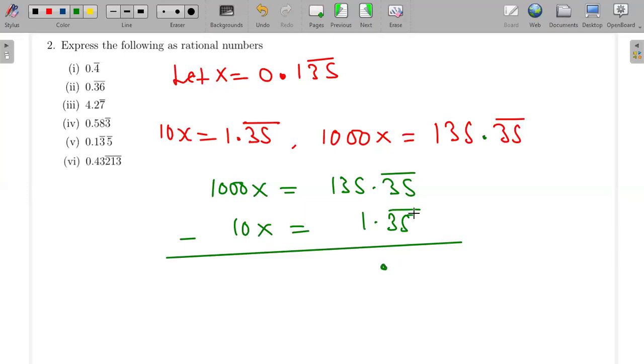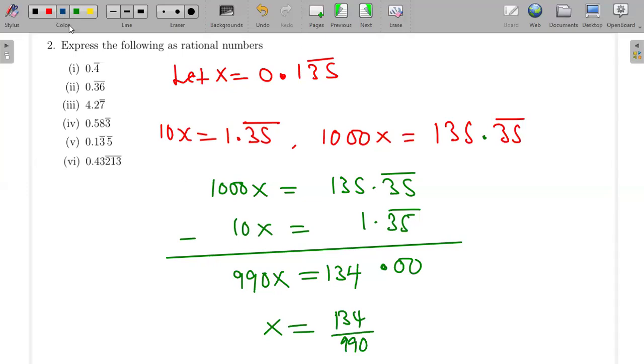If I subtract 35 bar, I get 0. Then here it's just 135 minus 1, which is 134. And here it is 1000 minus 10, which gives me 990x. So x is equal to 134 over 990.